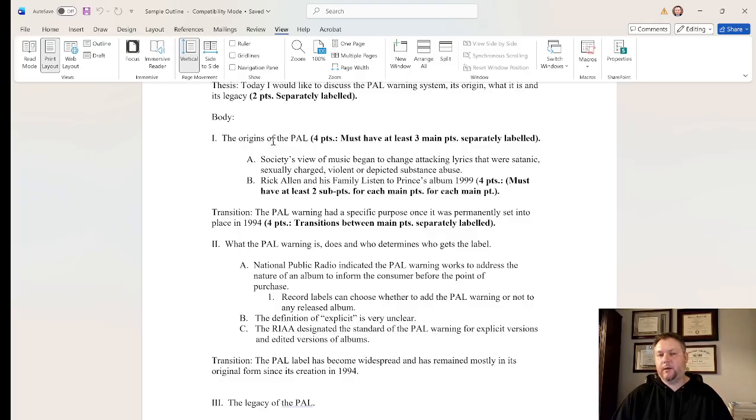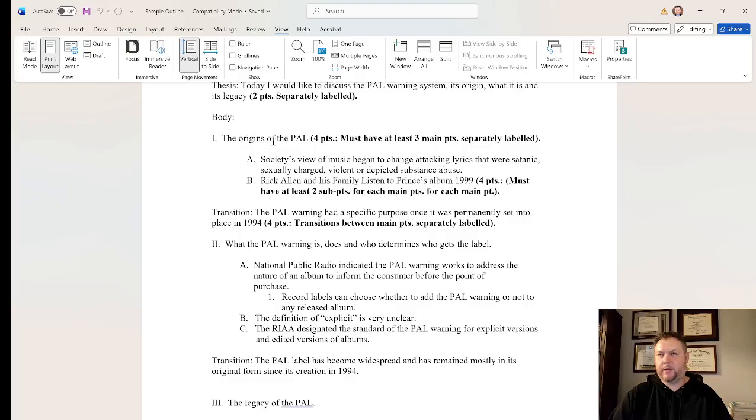Now, within each main point, you have to have at least 2 subpoints, which is A and B. So if you've never done an outline before, when you see something indented here that says A and B, in this first main point, they're talking about the history of the system. And they have subpoint A, which is that one of the reasons we got here in terms of a labeling system is that society's views on music began to change.